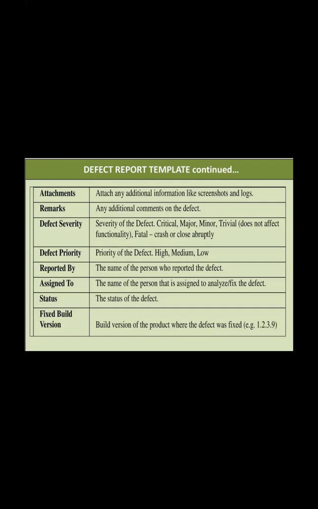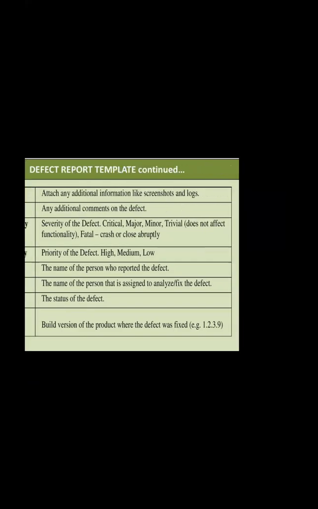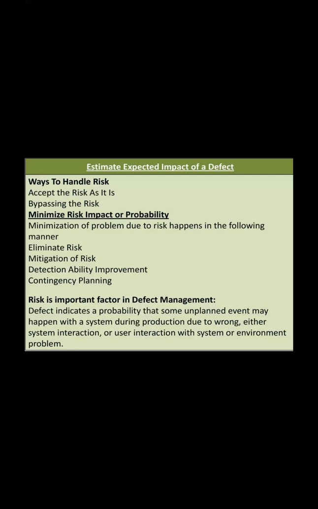Defect indicates a probability of some unplanned event, a user interaction with the system, or an environment problem. So if you are facing some risk or a defect in your project, it is an unplanned one, so you should be in a position to take care and handle the risk. Any doubt with respect to estimating the expected impact of the defect?